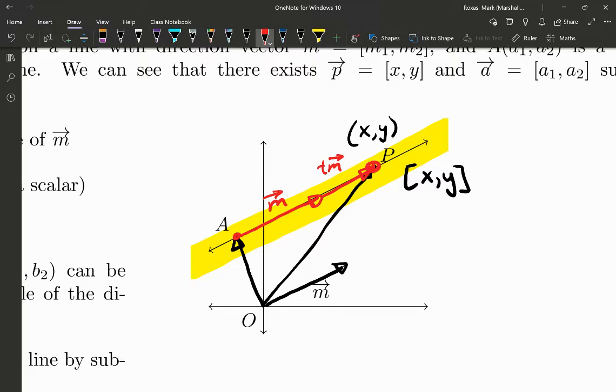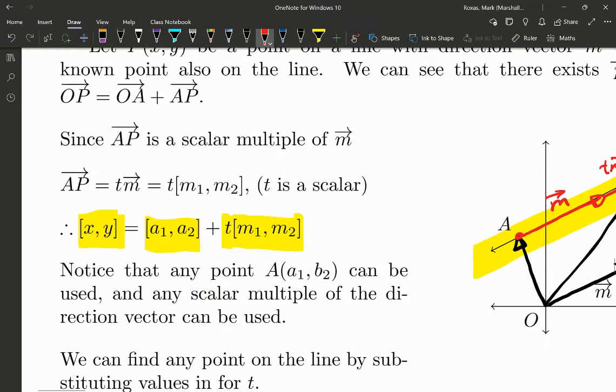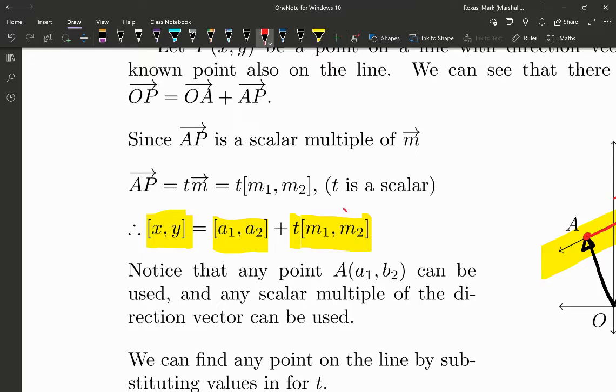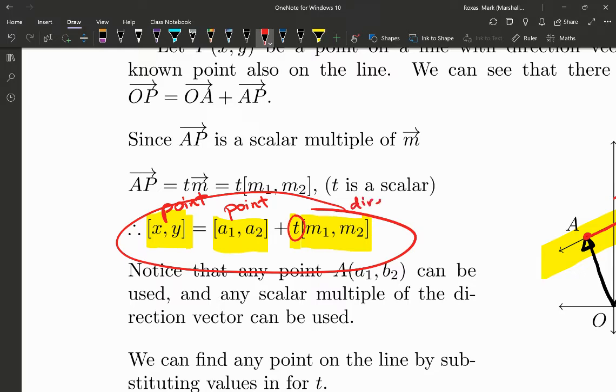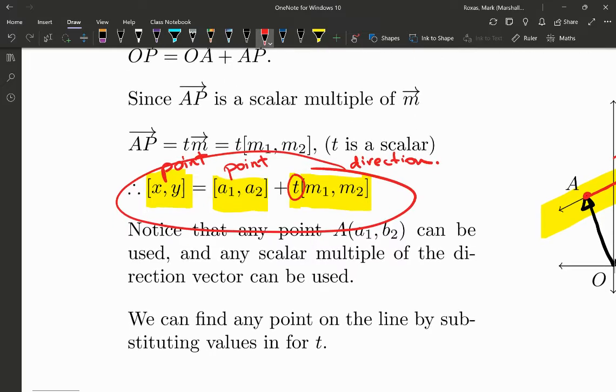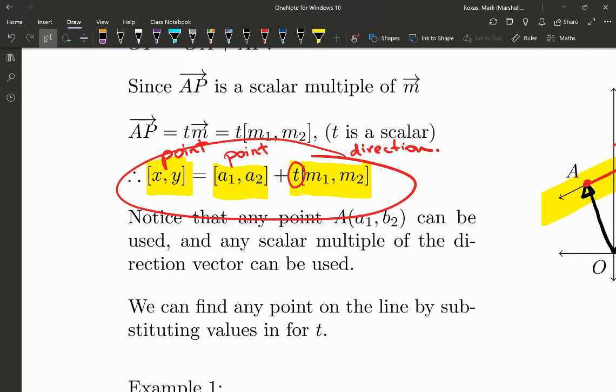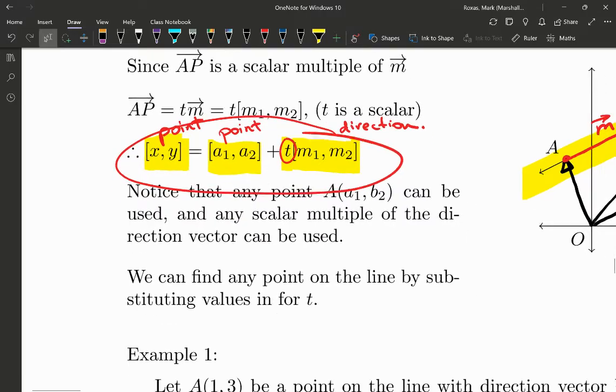Okay, so that is what this equation represents. The point vector [x, y] equals some starting point vector [a1, a2] plus some parameter t times the direction vector [m1, m2]. Okay, so as long as we have that, we have the vector equation of a line.